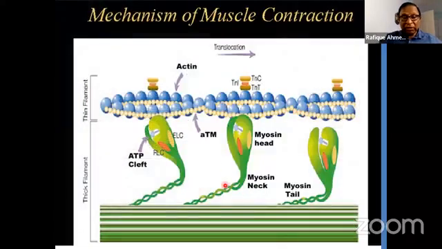So this is myosin, and the myosin has different structures: myosin head, light chain, heavy chain, myosin neck, and this is the myosin band. And there can be disease processes, and this is troponin, different types of troponins here.